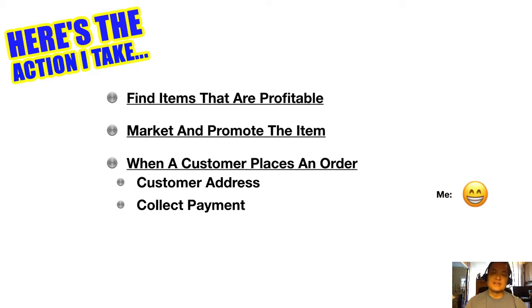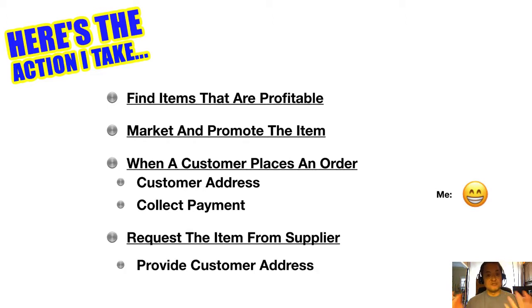But like I said, in addition to getting that payment, you get the customer's address, and that's one of the key points about drop shipping: you need the customer's address, because you need to know where to have the product shipped. And so once you get that order, you contact your supplier, your manufacturer. You tell them, I need this product, this quantity, or this color, whatever it happens to be, and here's payment for it.